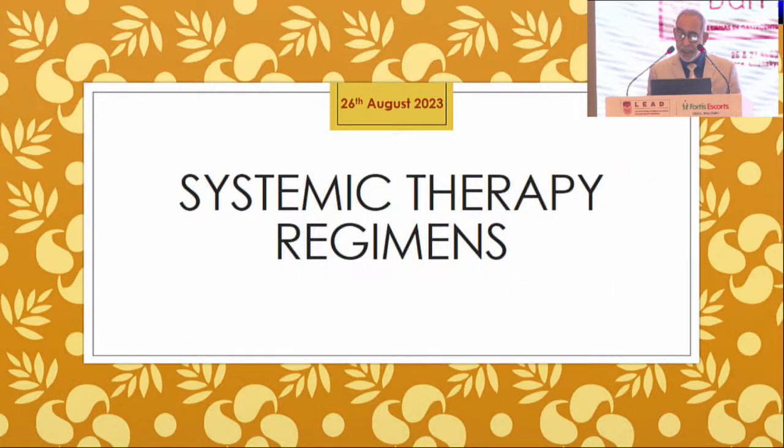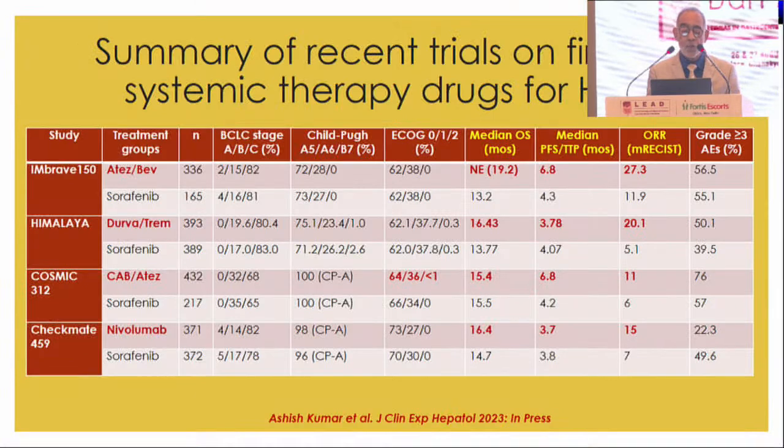Now, the systemic therapy regimens, I'll just briefly talk about the currently used first-line therapy drugs for HCC on which trials have been published. We are all familiar with the IMbrave150 study, which came out in 2020 on atezo-bev and was licensed. Very recently in 2022, Cheng et al. have updated the data of the IMbrave cohort.